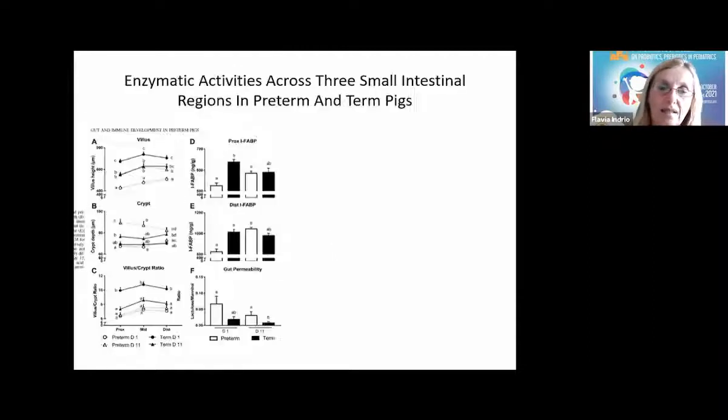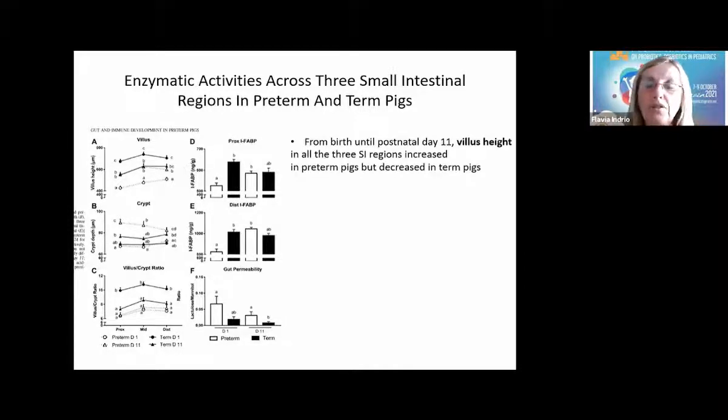So he says, okay, we have a different level. That means that during the fetal life, we still have maturation, but the proper maturation and the biochemical functioning come after the birth. So from birth until postnatal day, the villus height is increasing in preterm pigs, but decreasing in term pigs.